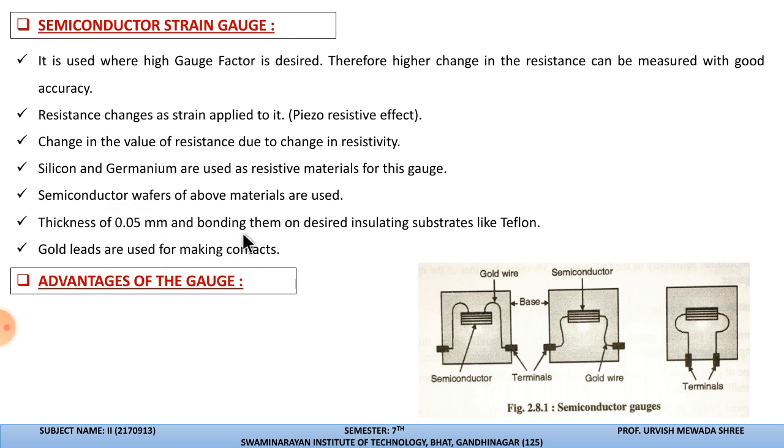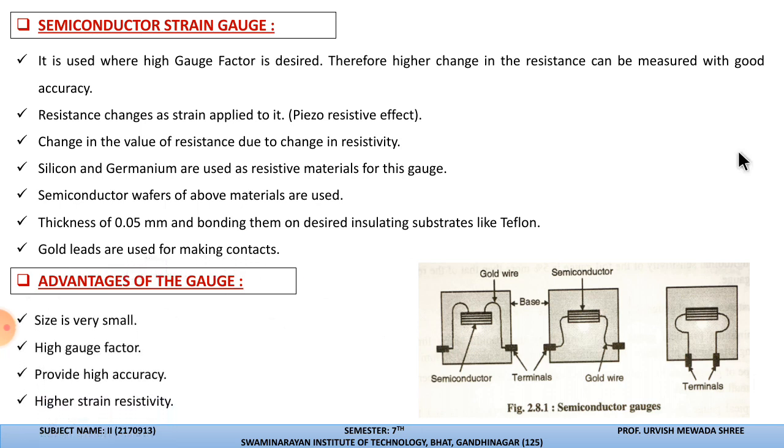And they are bonded on a desired insulating substrate like Teflon. Generally we use Teflon material for the substrate on which we mount these silicon and germanium wafers. And the leads taken out from the semiconducting strain gauge are gold leads, used for making contacts. And it has certain advantages, so we'll see them one by one.